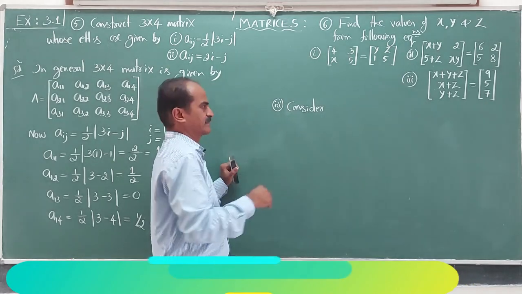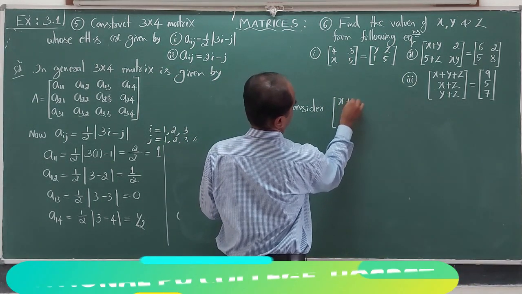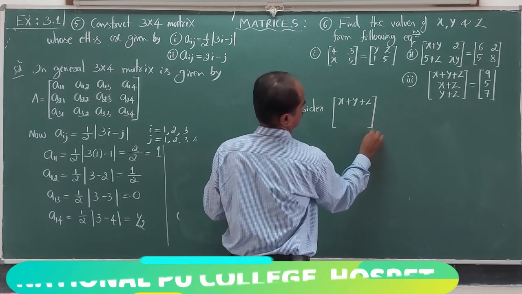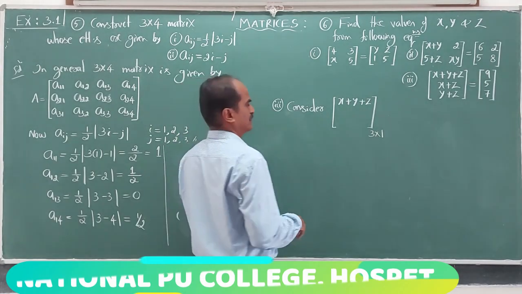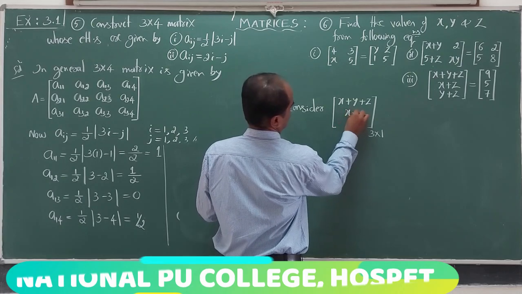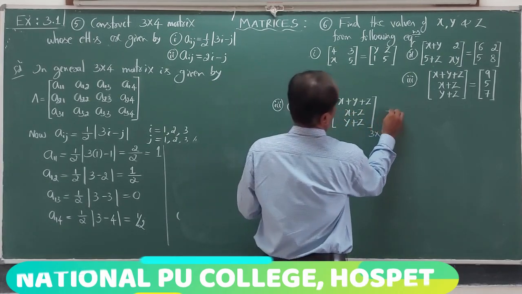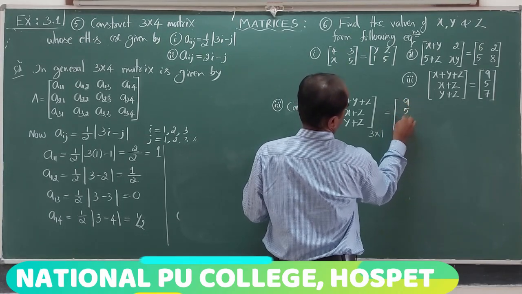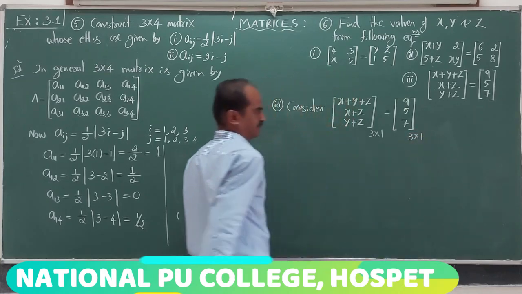Consider the third matrix equation. In fact, it is a column matrix of order 3 by 1, 3 rows, only one column. Column elements are x plus y plus z, x plus z, y plus z. On the right hand side of the equation, it is also a column matrix of the same order, 3 by 1.